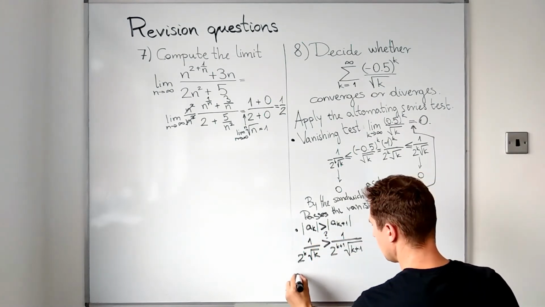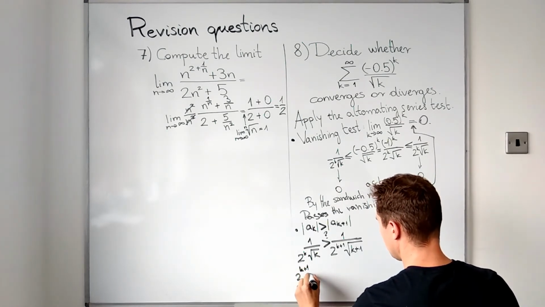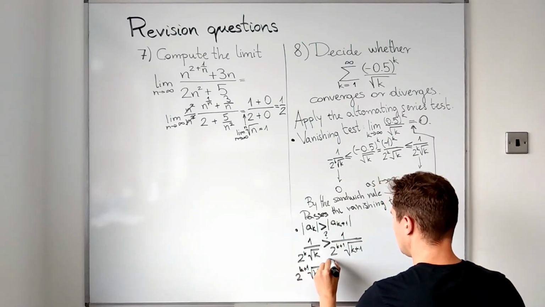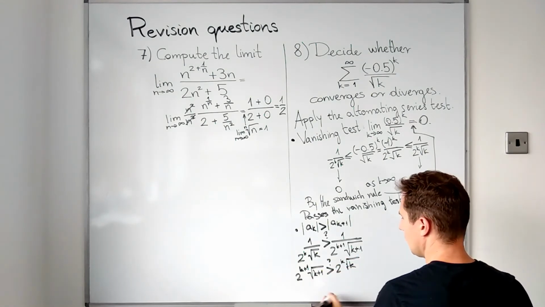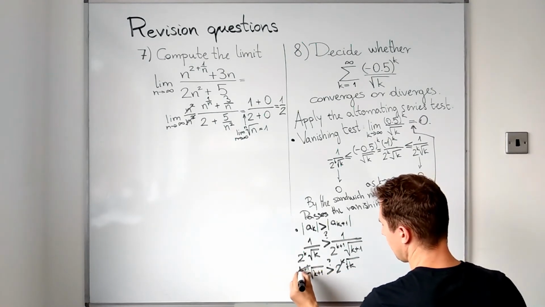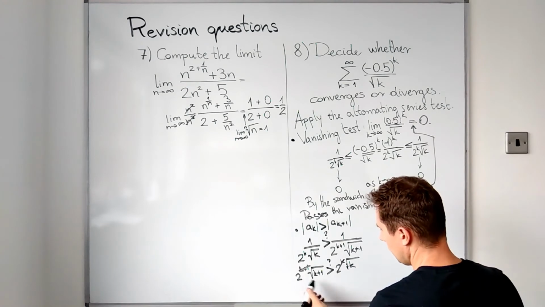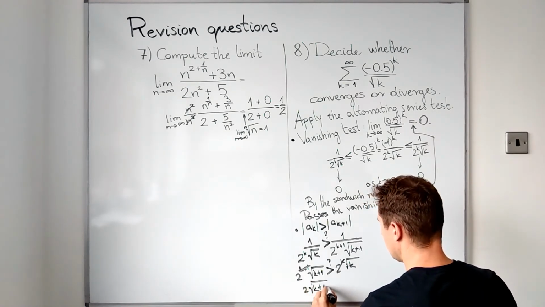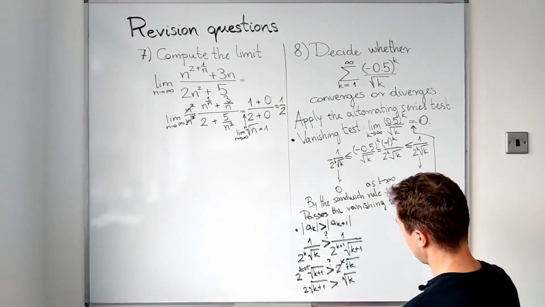Let's rearrange it. If we multiply over by 2 to the power k plus 1 and root k plus 1, that should be greater than 2 to the power k times root k. We can simplify by 2 to the power k, and then what we have is simply twice root of k plus 1 is greater than the square root of k, and that is true for all natural numbers.